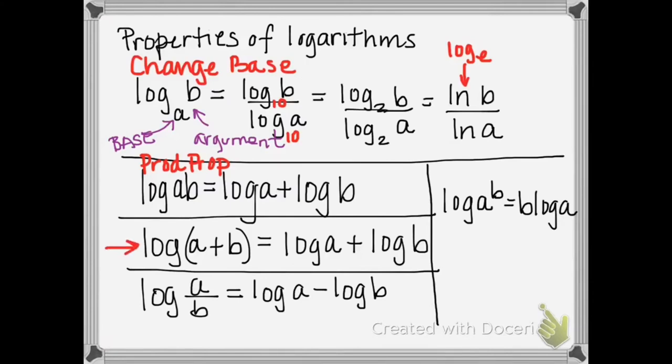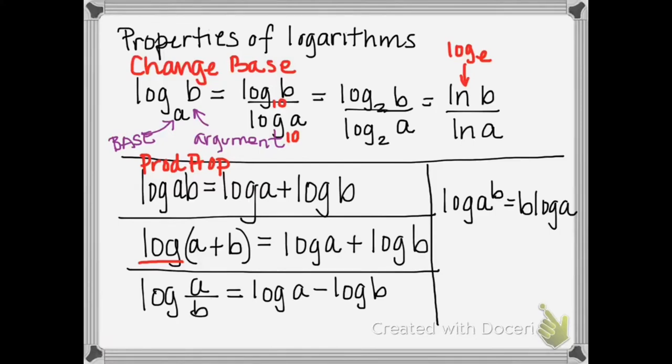Now, the next one here, log of a plus b, I hope that you're looking at that and saying, that's not right. We can't do that. What I reiterate with students often and often and often is that log is not a number. It is not a variable. And what is a variable? A variable is a number that we don't know yet.